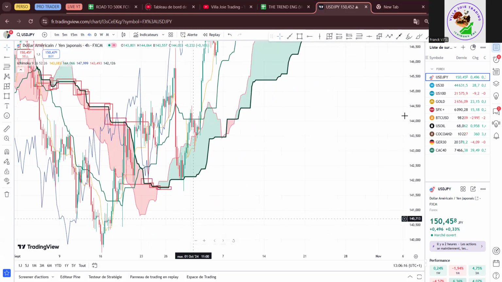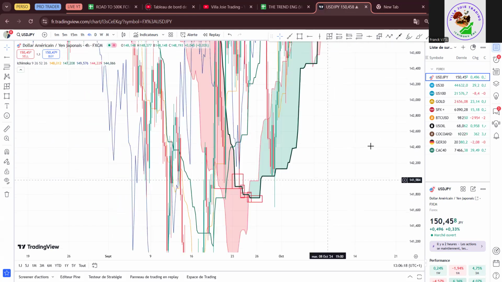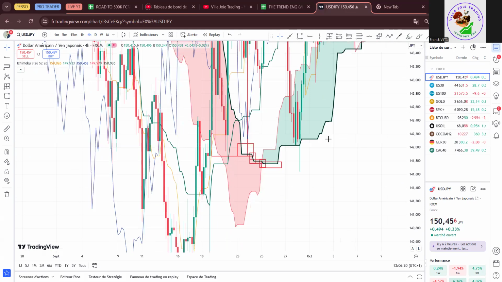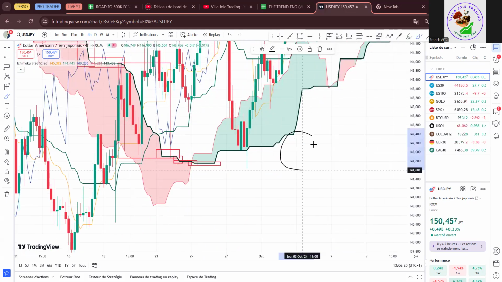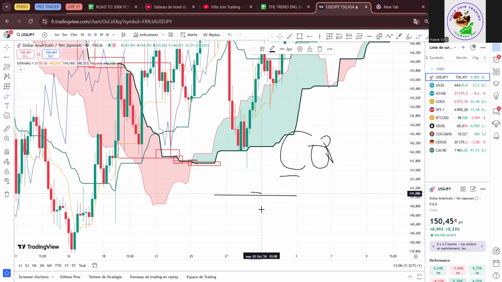You will come here, you realize that there is what I call change of plateau. Change of plateau is COP, right? It signifies that if the plateau are going down, it means that we have a downtrend.